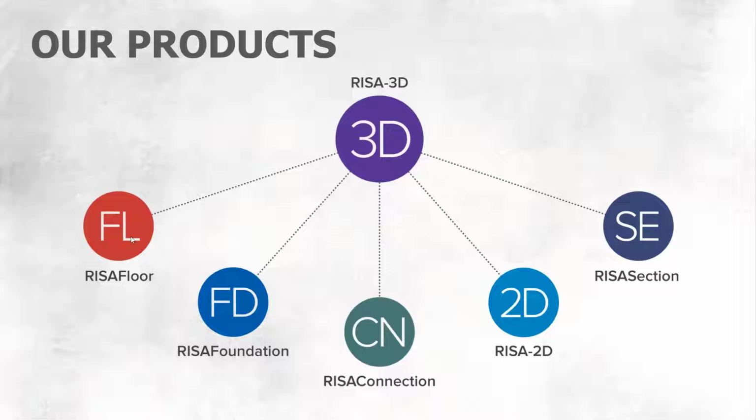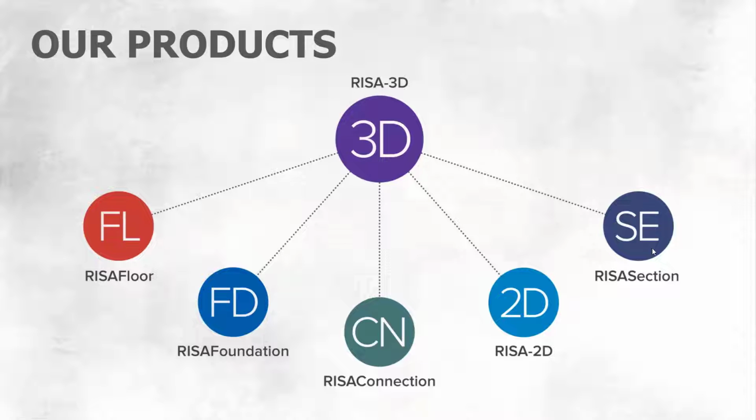RISA-4 is going to be our multi-story building modeling software. RISA Foundation, like it's in its name, is for foundations, so your retaining walls and mat slabs and things like that, designing those.